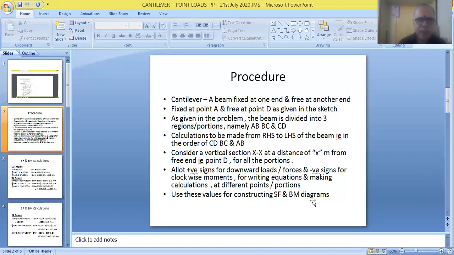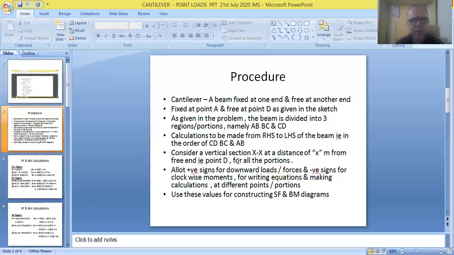Firstly, we have to make calculations pertaining to the CD region: what are the values of shear forces in the CD region? Secondly, we have to go for the BC region, and finally for the AB region.